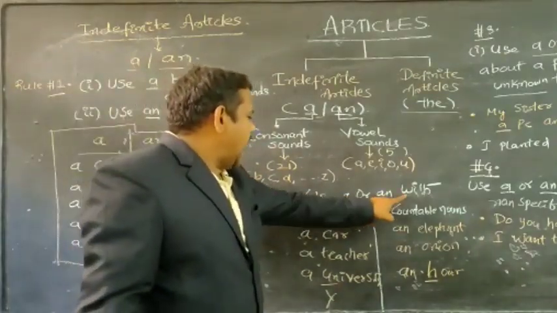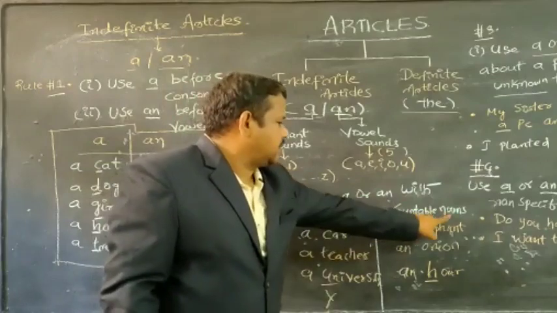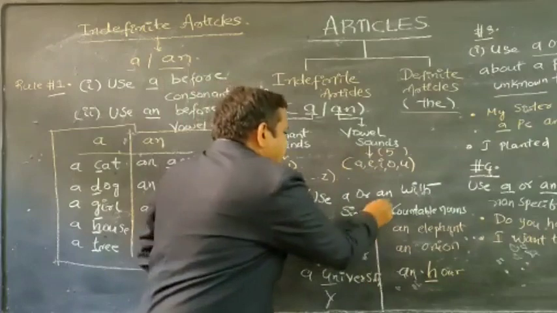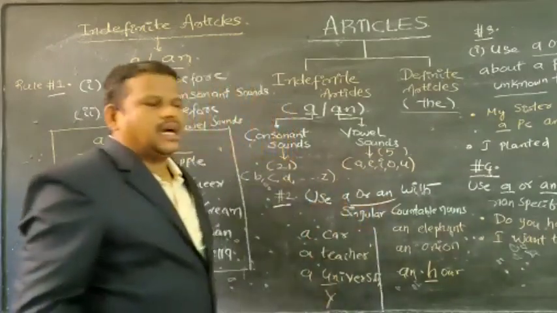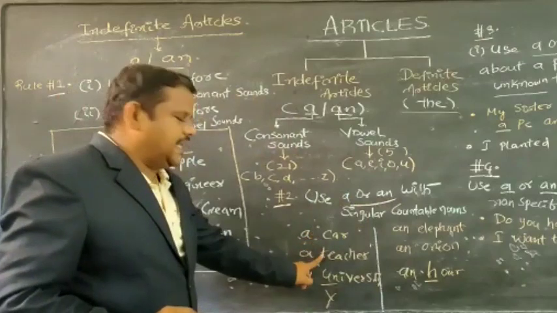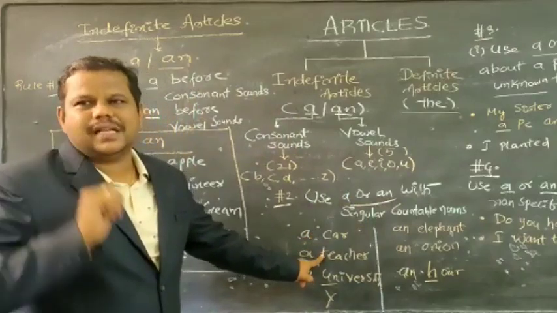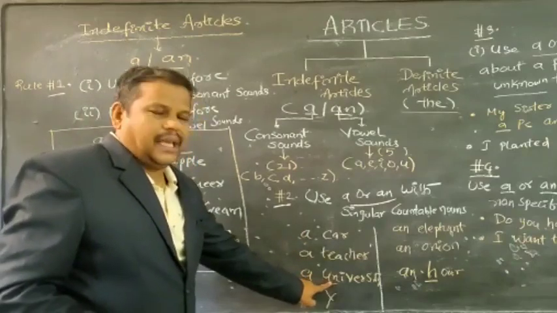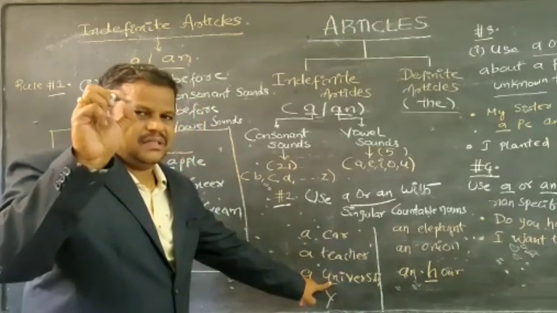Rule number 2: use a or an with singular countable nouns. What are singular countable nouns? A car, a teacher. These are singular countable nouns. When you are using a university, here there is a small explanation.